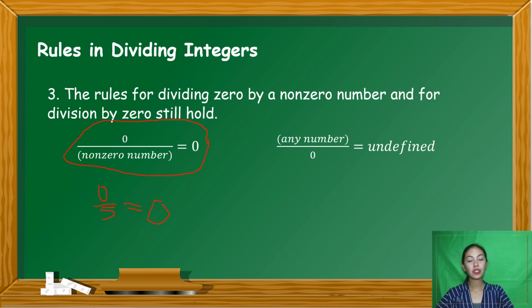For the second, any number divided by 0 is undefined. There is no answer for this one. Again, any number divided by 0 is undefined.